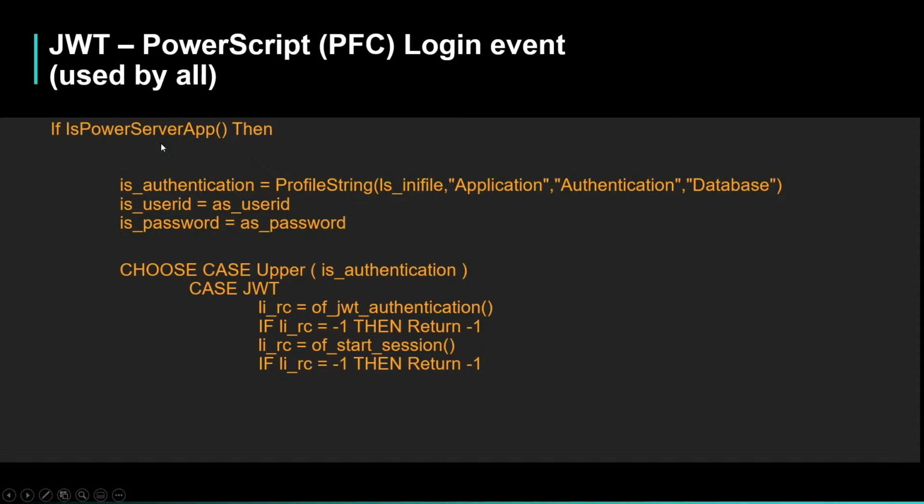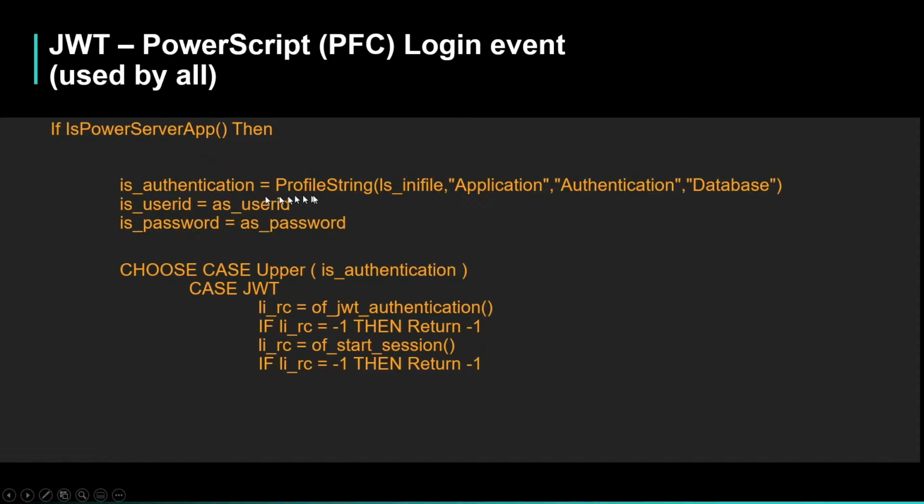Up here, I'm checking to see if it's a PowerServer app. That allows me to use the same code base and continue to do a client-server application and also a PowerServer application that uses third-party authentication. So there's an else block down here that just does a normal database login for the client-server code.